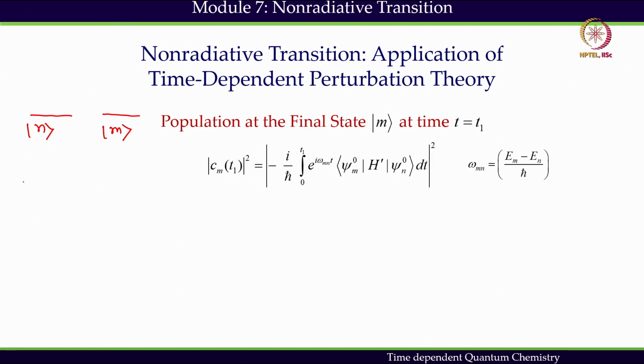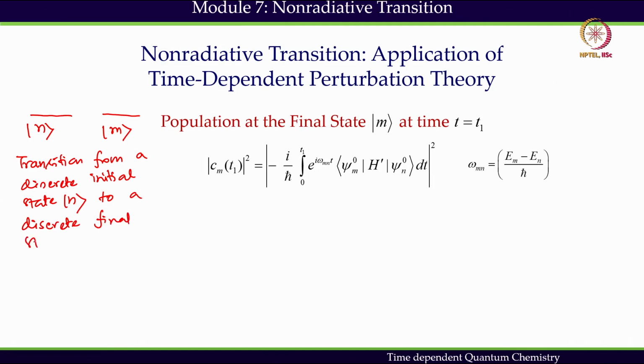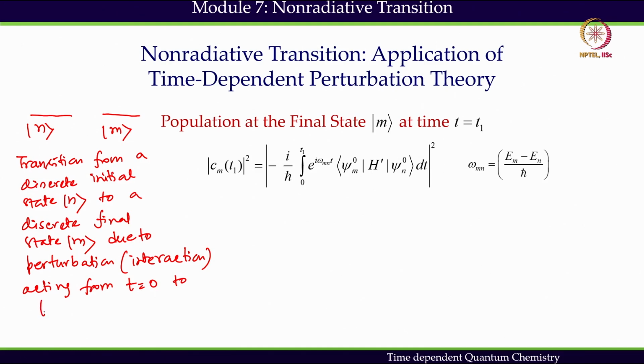So what we'll consider is the transition from a discrete initial state n to a discrete final state m due to the perturbation, which is the interaction, acting from t equals 0 to t equals t1.